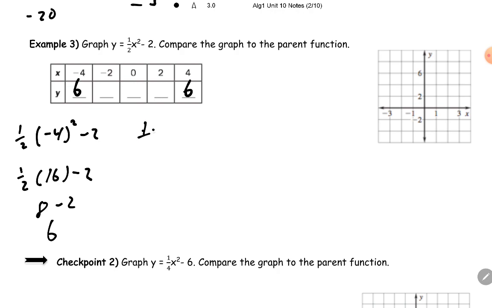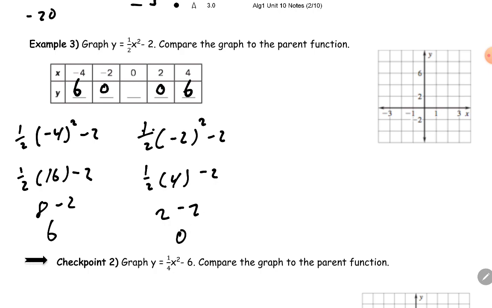Okay, now I'm going to try negative 2, which is squared, minus 2, which is 1/2 of 4 minus 2, which is 2 minus 2, which is 0. So these would be 0. And if I plug in 0 in the equation, I'll get 1/2 of 0, which is 0, minus 2, which is minus 2.